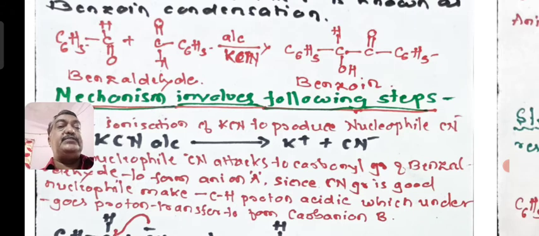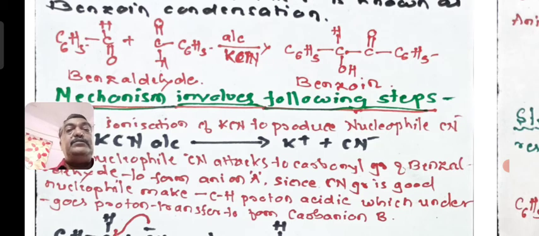So this reaction is known as benzoin condensation. I repeat again, when two molecules of benzaldehyde are allowed to react with alcoholic potassium cyanide. So remember, it is not aqueous, it is alcoholic potassium cyanide.